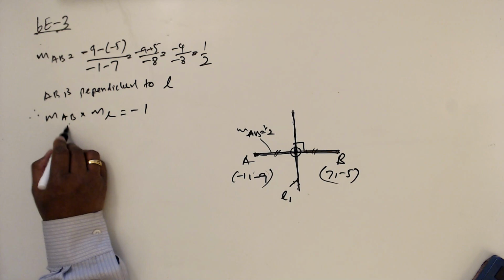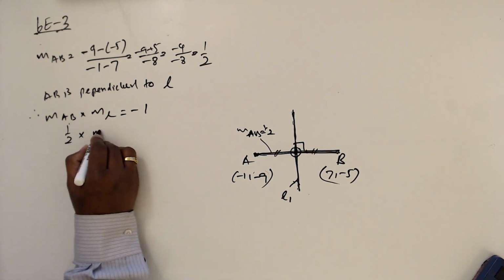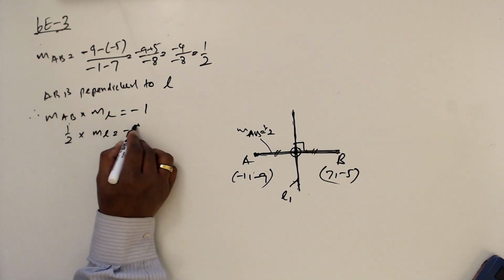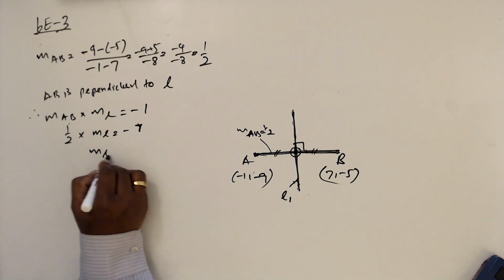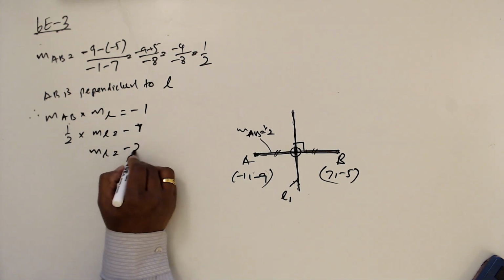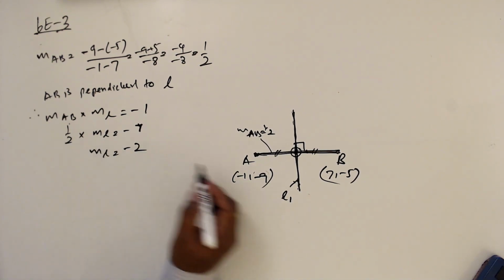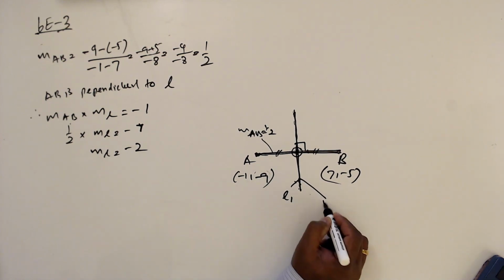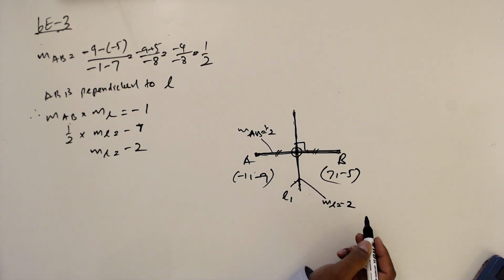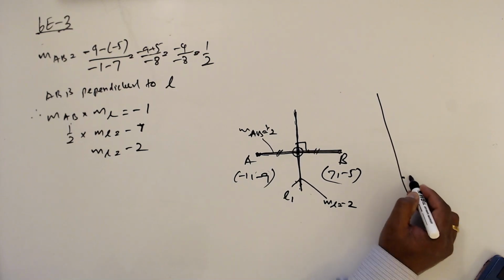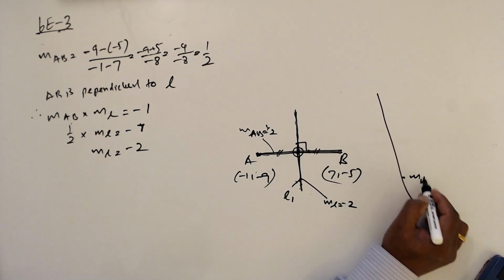So the gradient of AB is a half, and ML times a half is minus 1. Then ML is going to be minus 2. In this line, the gradient is minus 2.